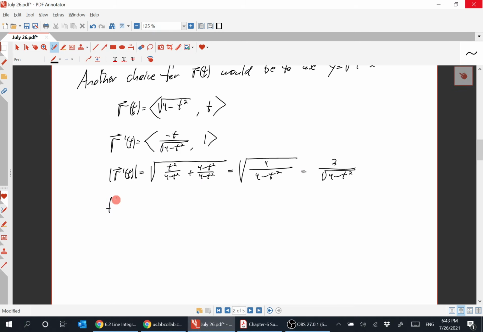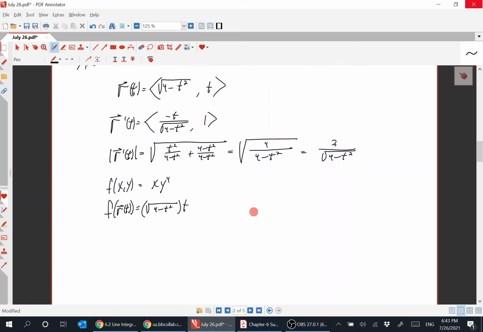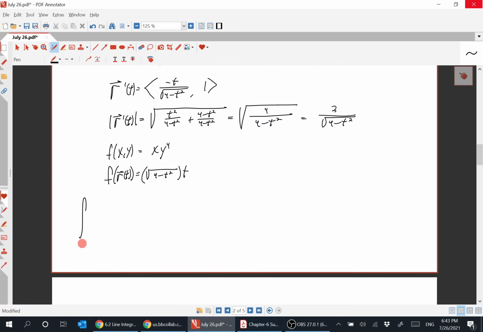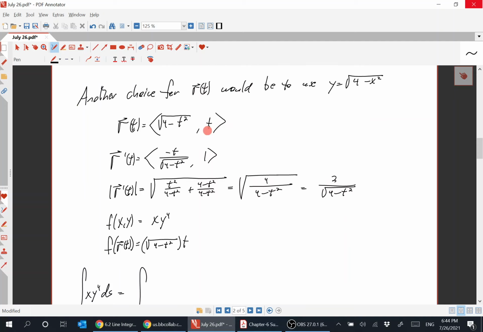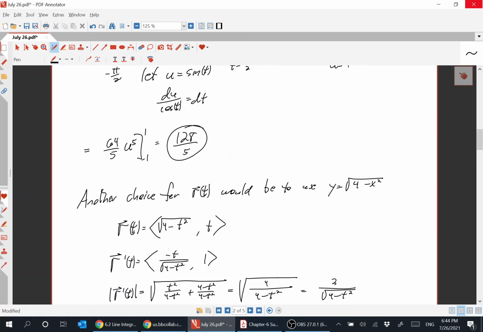And then f of x, y, let's say it was x y to the fourth. So f of r of t is equal to, well, x is this, y is that. So the square root of 4 minus t squared times t. So the integral over c of x y to the fourth ds is equal to the integral... oh, what's the range for t, the domain for t?